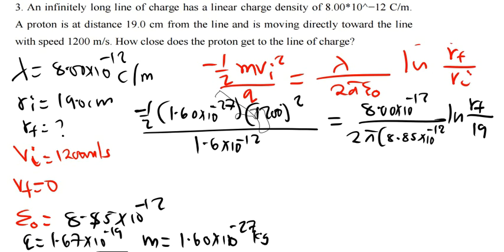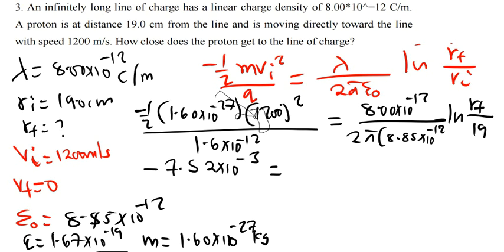Okay, so I'm getting 0.0075, which is the same as, I'll just put it in scientific notation, negative 7.515. I can just say 7.52, I round it off, times 10 to the power negative 3.